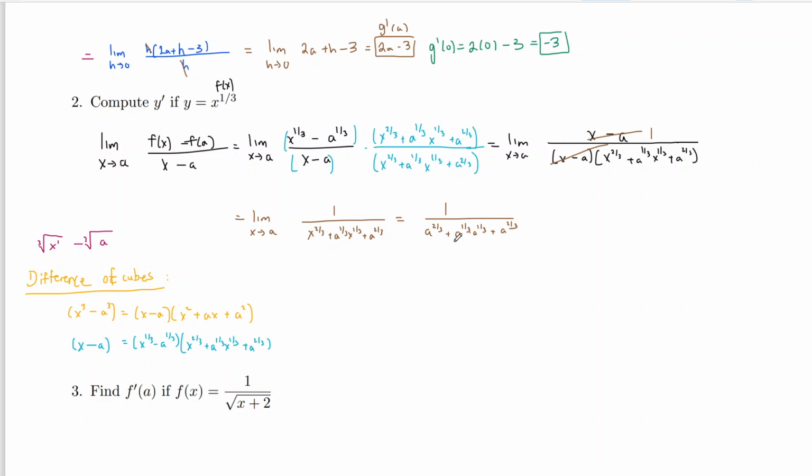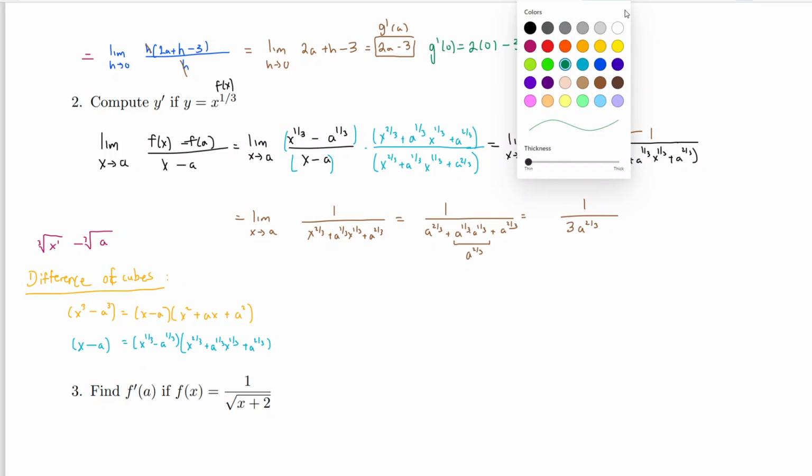Now a to the 1/3 times a to the 1/3, when we're multiplying, we add the exponents. So this is really a to the 2/3 as well. And what you'll notice is we have a to the 2/3 plus a to the 2/3 plus a to the 2/3. That's 3a to the 2/3.